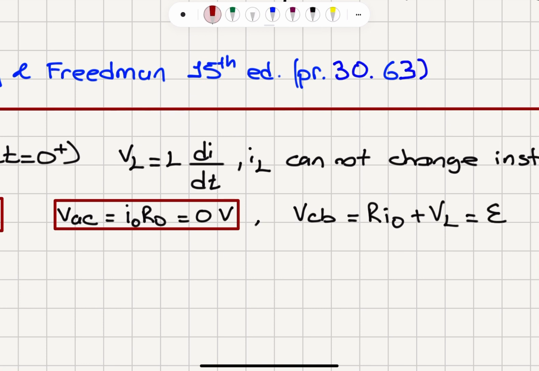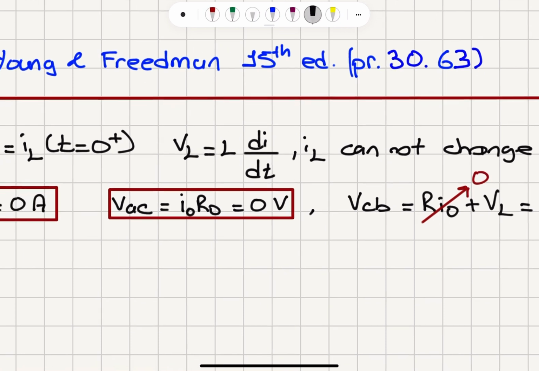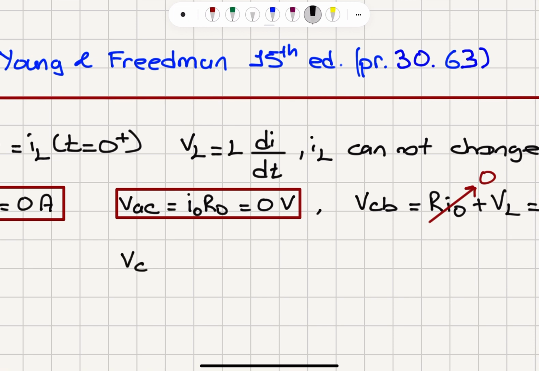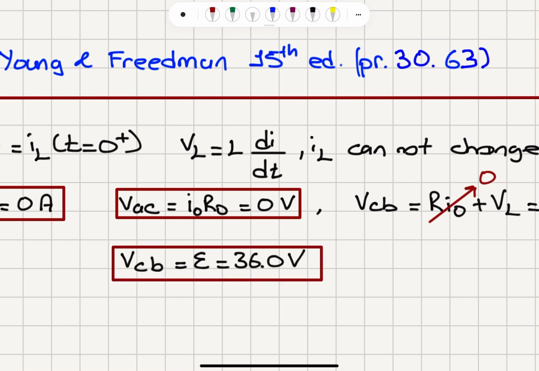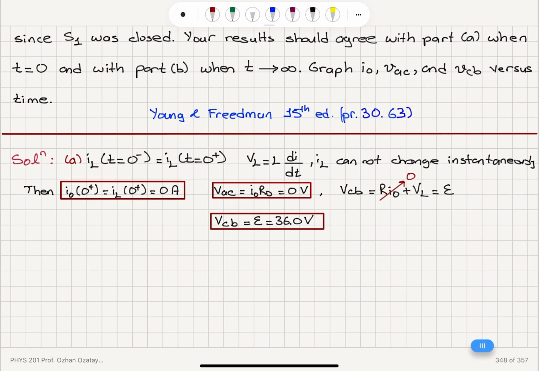And since I0 is equal to 0, there is no voltage drop across this resistor. Therefore, VCB is epsilon, which is 36.0 volts at t equals 0 plus.